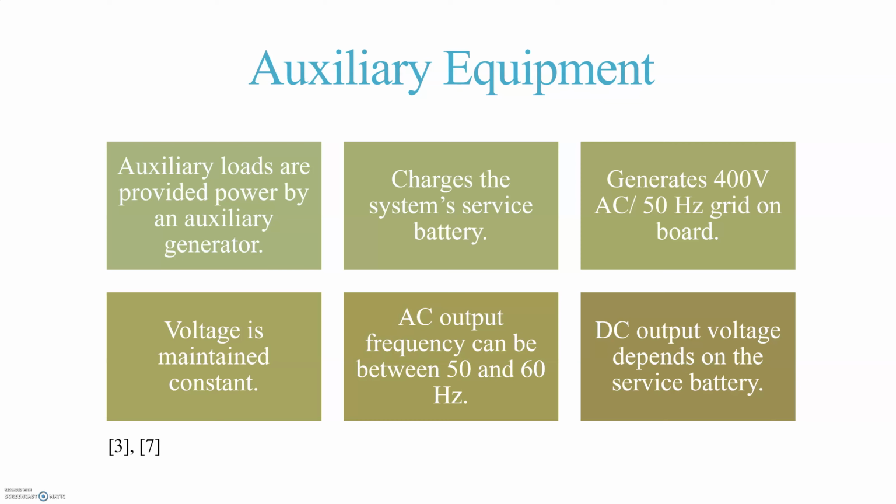The voltage is maintained constant at all operation speeds, and the AC output frequency is allowed a variation of 5 to 10% and can be between 50 to 60 Hz, although the DC output depends on the service battery. These power systems are designed with galvanic insulation, and electric isolation can be guaranteed with proper transformer topologies for low frequency applications and advanced converter topologies for high frequency applications.